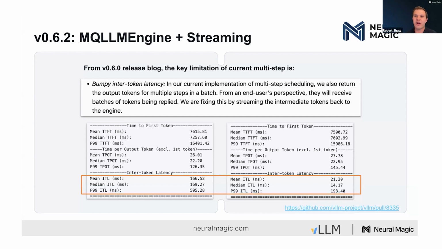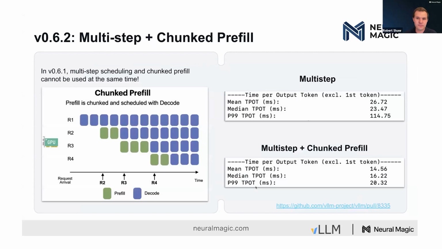As the tokens are generated, we send them out one at a time back to the users. The MQ LLM engine and the PyZMQ library made it really easy for us to do this. And you can see that for basically no impact on time per output token, we're able to reduce the inter-token latency down quite a bit.